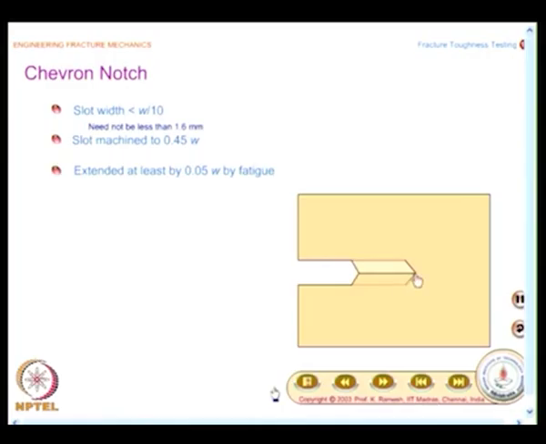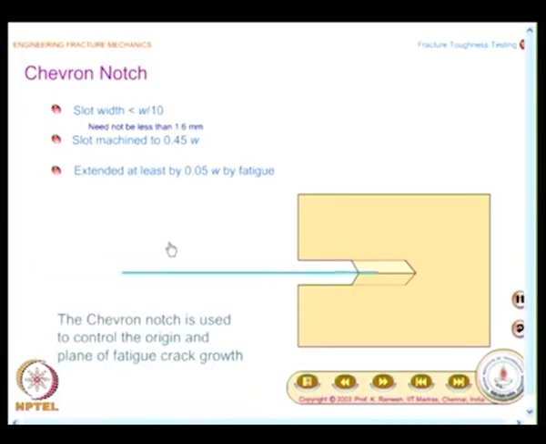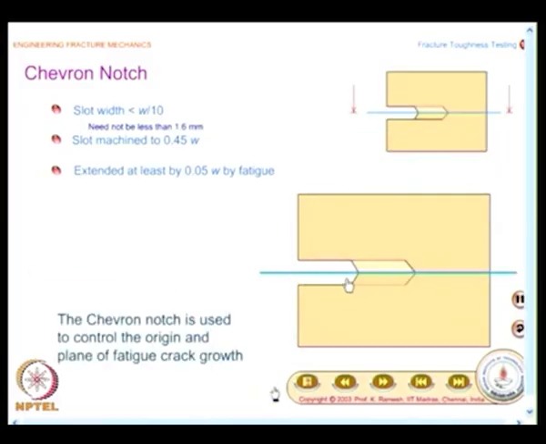So, what you will have is at the end of the notch you will have a fatigue crack. Now, the question is how the fatigue crack plane and its orientation has to be controlled. This depends on the design of the notch, and let me put a plane passing through this. The idea of the chevron notch is used to control the origin and plane of fatigue crack growth.